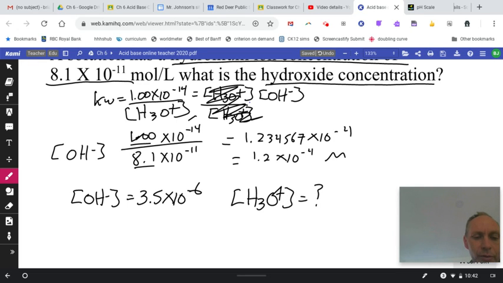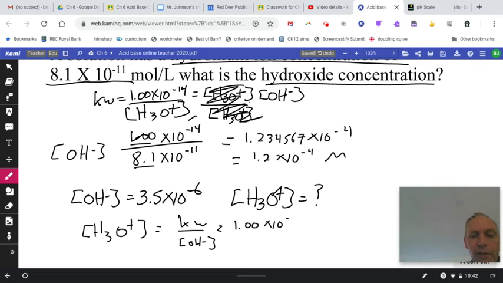So to figure that out, we'll use Kw. Concentration of hydronium is Kw over concentration of hydroxide: 1.00 times 10 to the minus 14 divided by 3.5 times 10 to the negative 6.